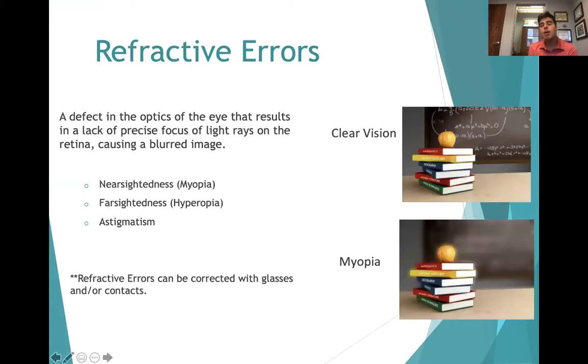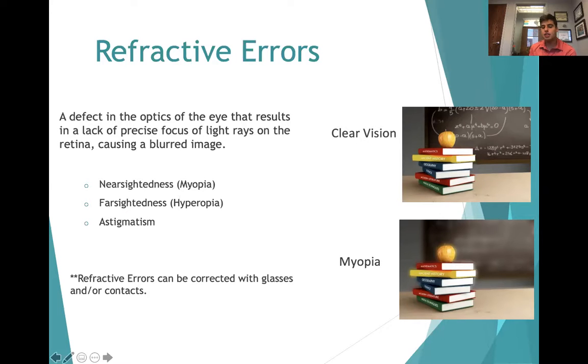So let's talk more about refractive errors. Refractive errors are a defect in the optics of the eye that results in a lack of precise focus of light rays on the retina, causing a blurred image. The 3 specific types of refractive errors are nearsightedness or myopia, farsightedness or hyperopia, or astigmatism.